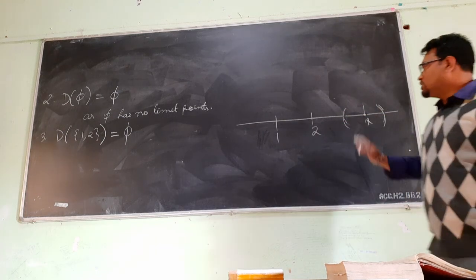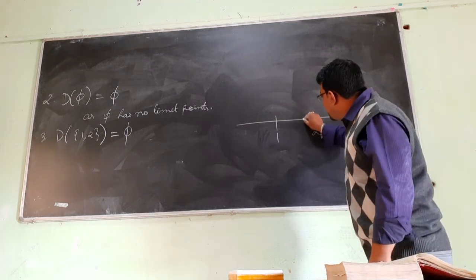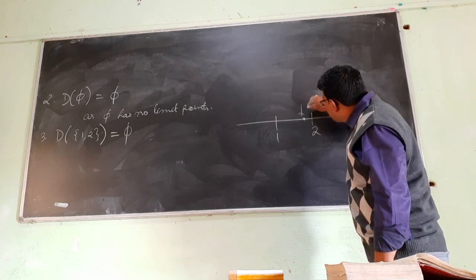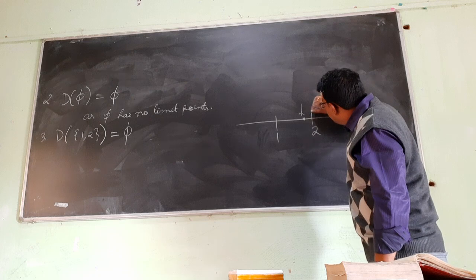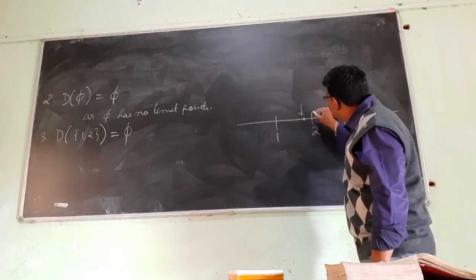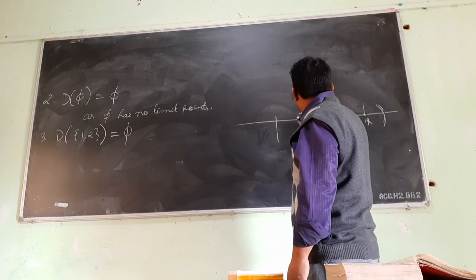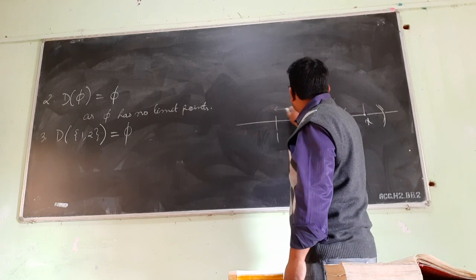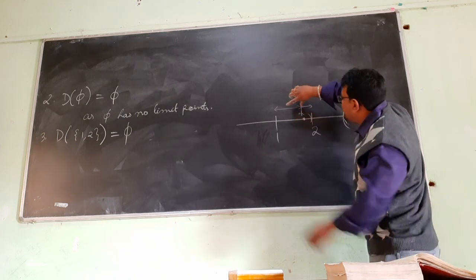So that is the idea actually. If x lies here also, I can construct an open interval of this type. I will take the minimum of these two distances. I will take the radius in such a way.